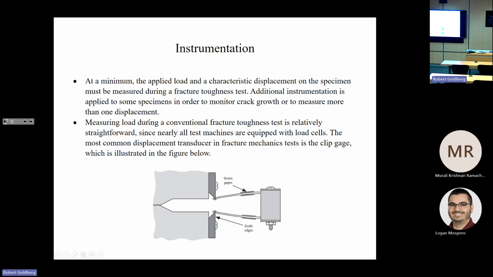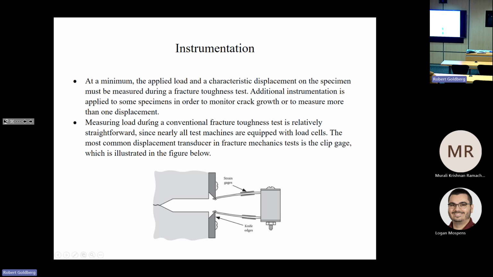So for instrumentation, at a minimum, the applied load and the characteristic displacement on the specimen must be measured during a fracture toughness test. We showed a lot of examples of these load displacement curves. And you need additional instrumentation many times, which can be applied to specimens to monitor the crack growth or to measure more than one displacement. Measuring load during a conventional fracture toughness test is relatively straightforward since nearly all testing machines are equipped with load cells.